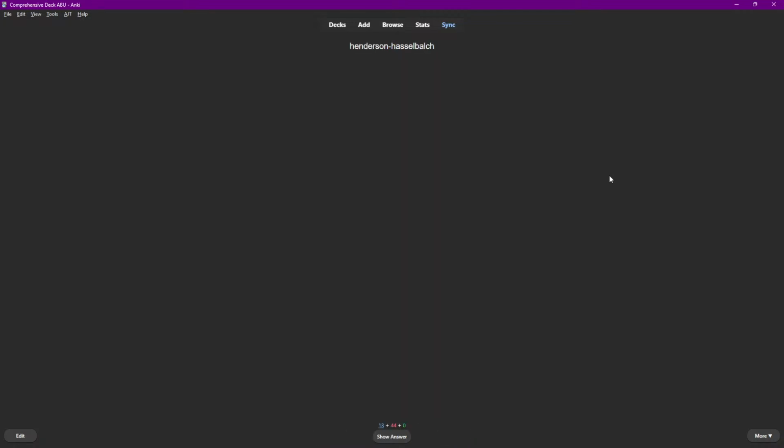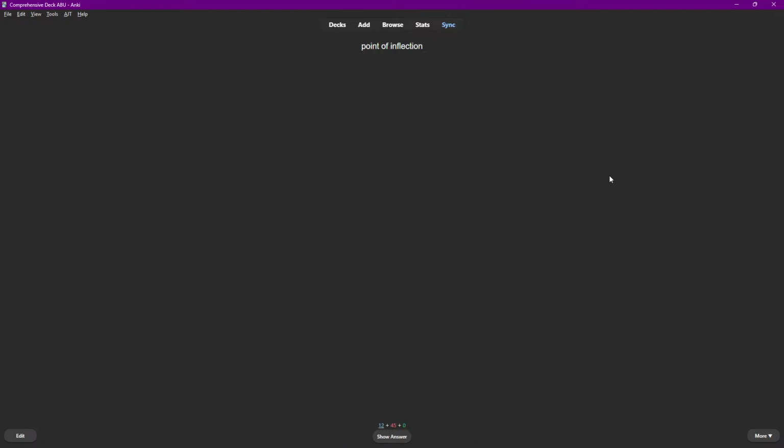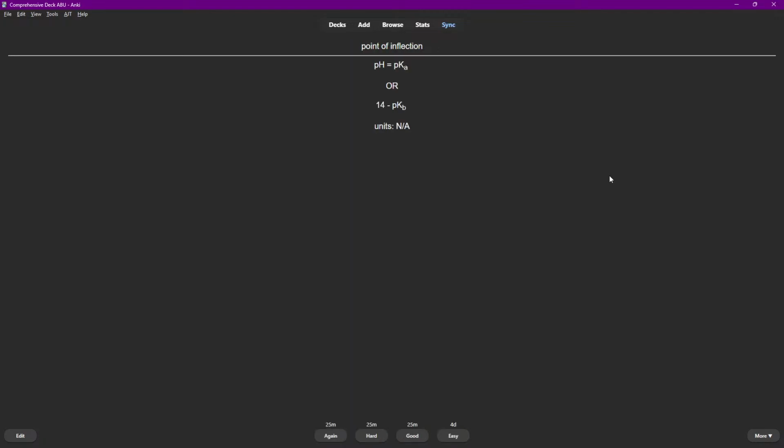Henderson-Hasselbalch equation. pH is equal to pKa plus the log of A over HA. Point of inflection, where pH is equal to pK.